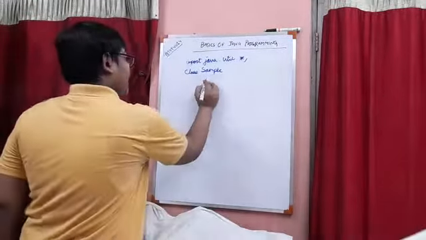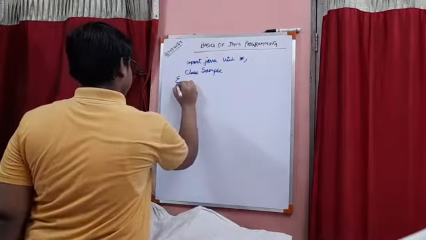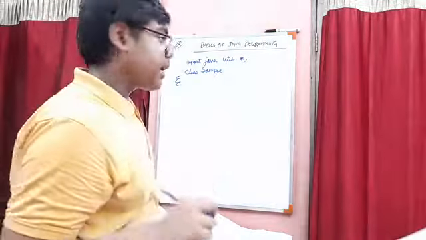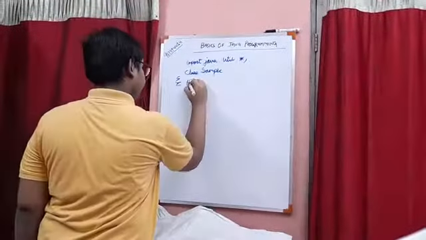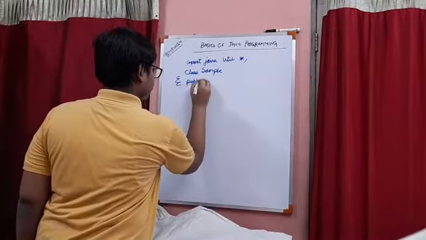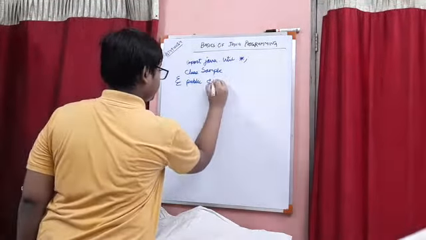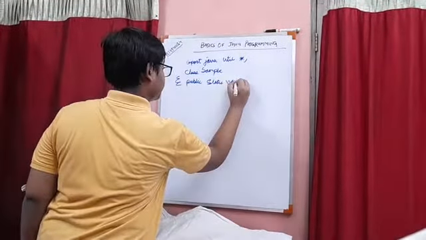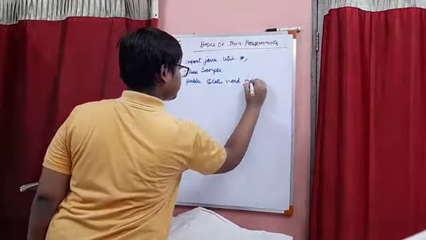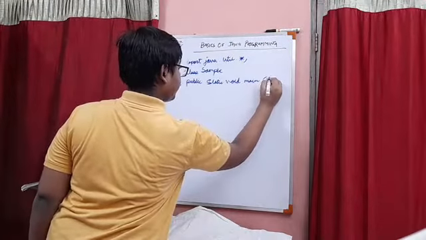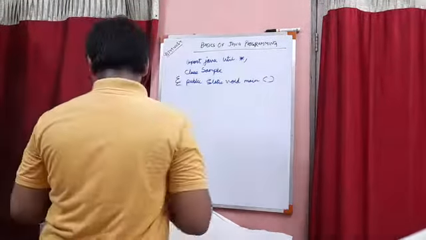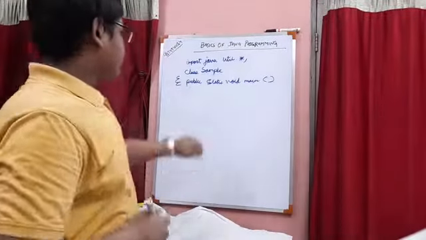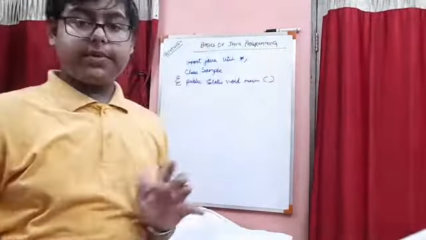Now, after class, we need to give a bracket. Second bracket, I mean the curly bracket. Then public static void main parenthesis. Now, yes, this is the access specifier statement.